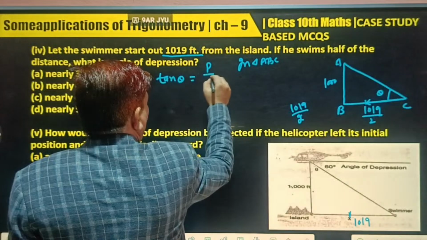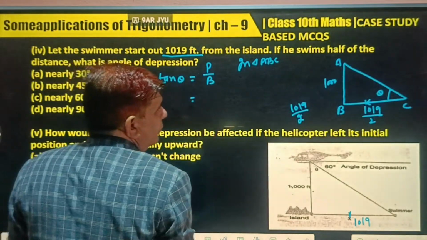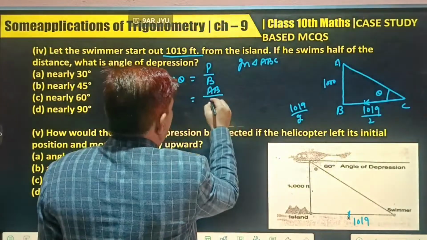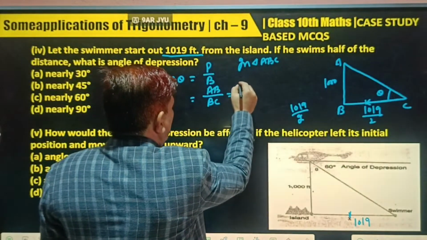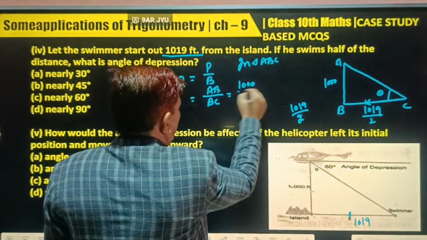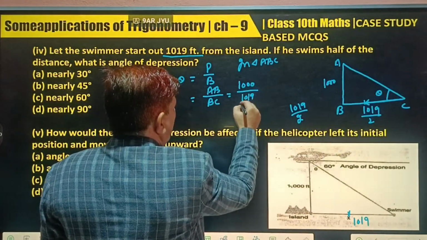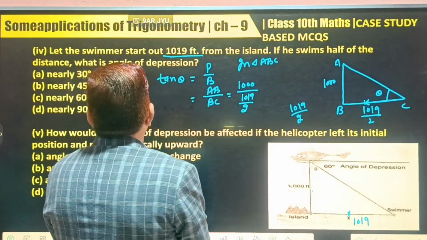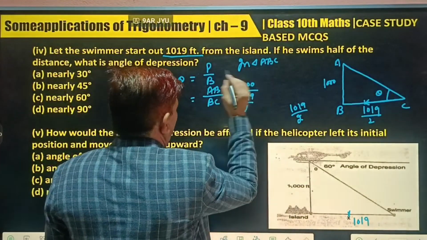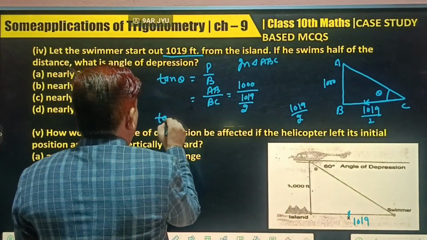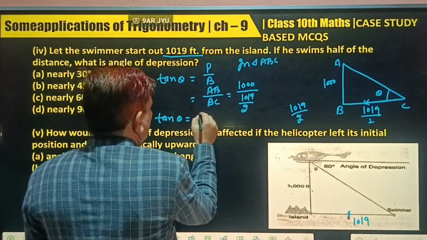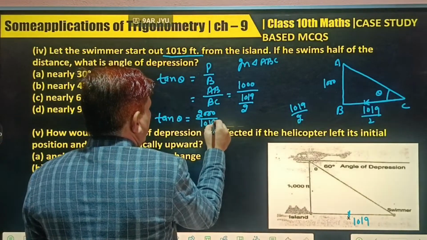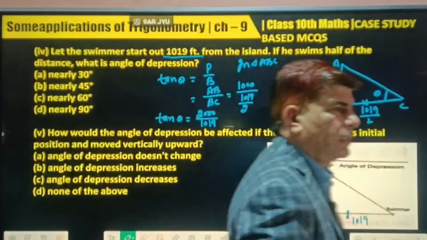Perpendicular by base: the perpendicular is AB, the base is BC. So 1000 given by 1019 by 2. We can write tangent theta is equal to 2000 by 1019, with the 2 going upside.